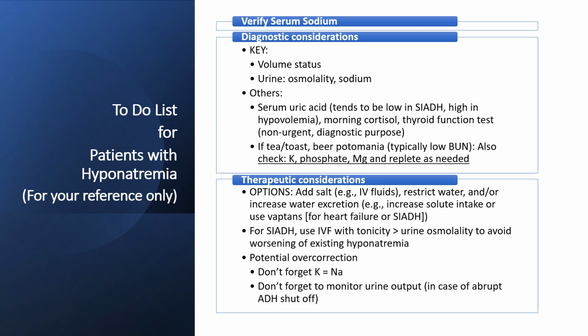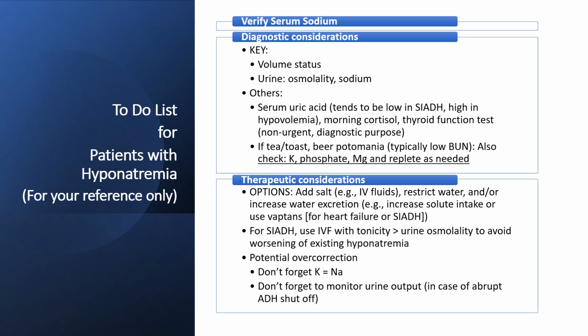In terms of therapeutic considerations, recall our therapeutic options include salt supplement, water restriction, or renal water excretion. The latter can be achieved by increasing solute intake and/or the use of vaptans. The use of vaptans is restricted for patients with heart failure or SIADH. Potential problems that may arise should also be kept in mind.